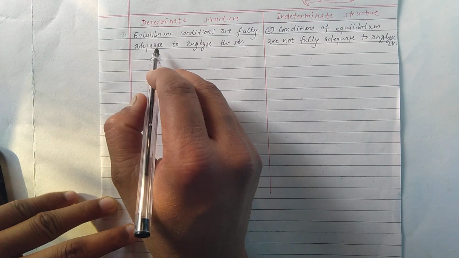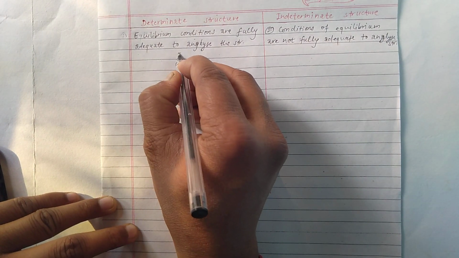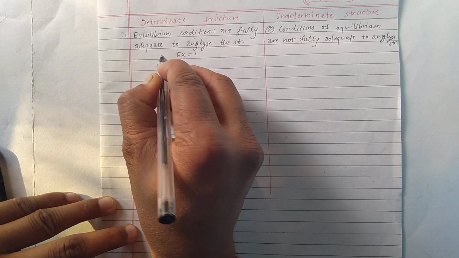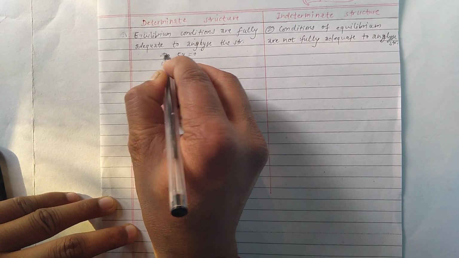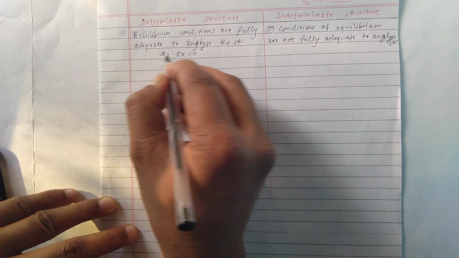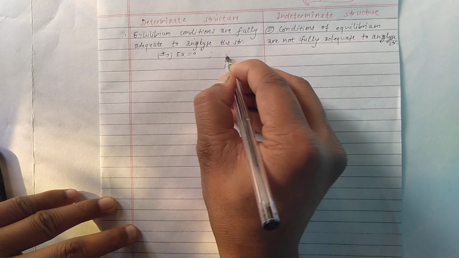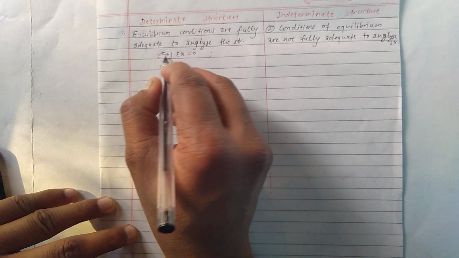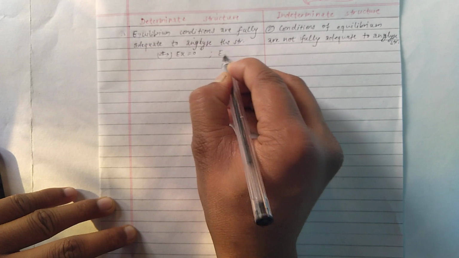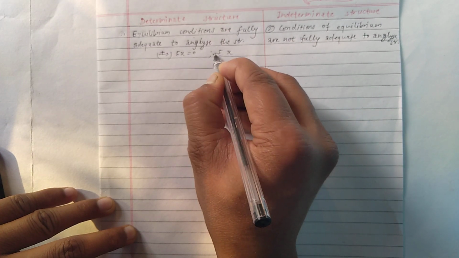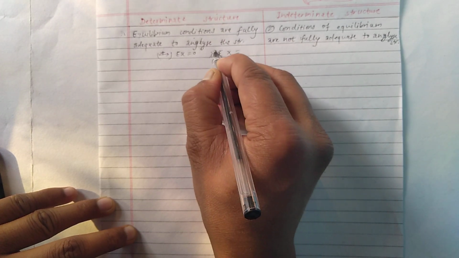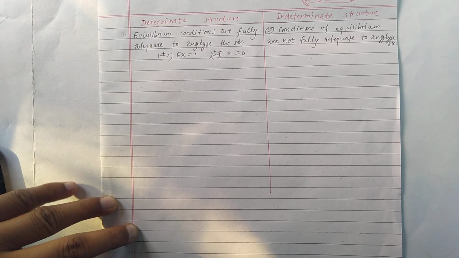So basically we have the equilibrium conditions, that is summation x equal to 0, the sum of all forces in the positive x-axis equal to 0, or you can also take the sum of all forces towards negative x equal to 0. You can take whatever you want.